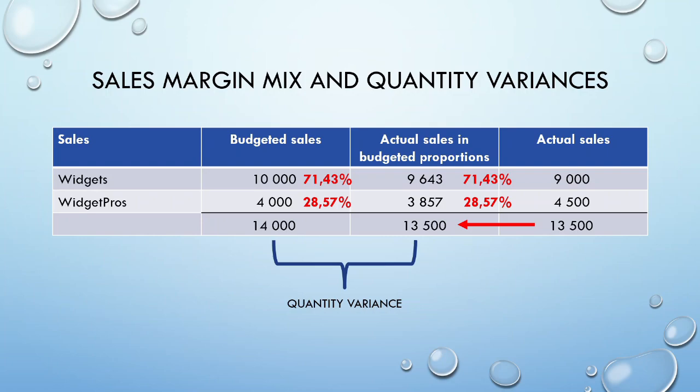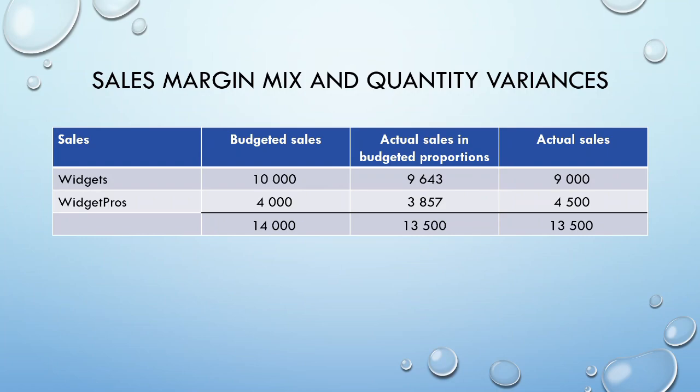Then, the difference between our middle and last column represents our mix variance. We can see here that the total quantity remains constant at 13,500 units, but the mix changes from 71.43% widgets and 28.57% widget pros to 66.66% for widgets and 33.33% for widget pros.